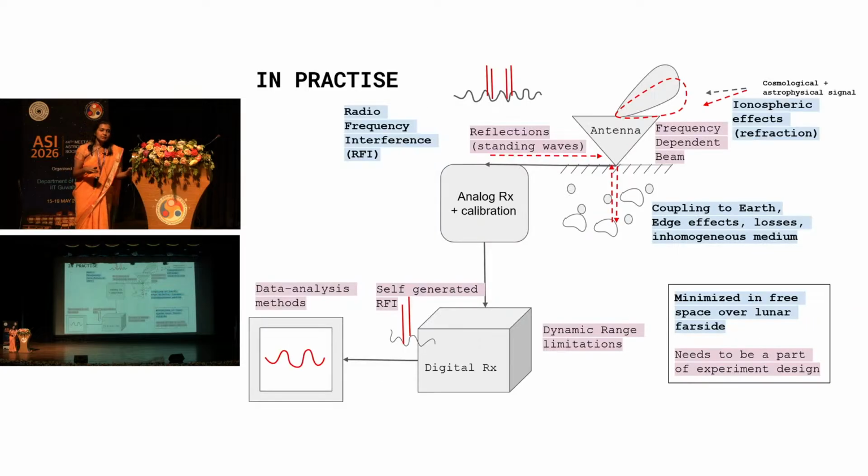But one of the reasons why it has been an extremely challenging problem to detect this global signal from the cosmic dawn is because of the operating environment of where we deploy our telescopes. So 3 notable challenges specific to the environment are radio frequency interference that I discussed. There are also ionospheric effects where the ionosphere can reflect, refract and absorb radiation.